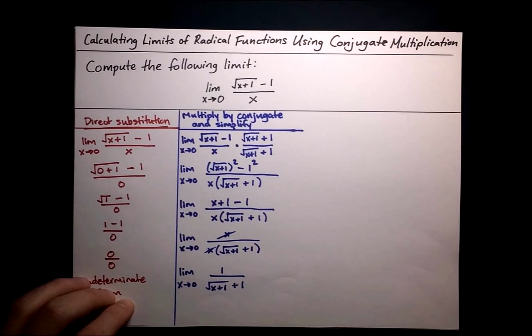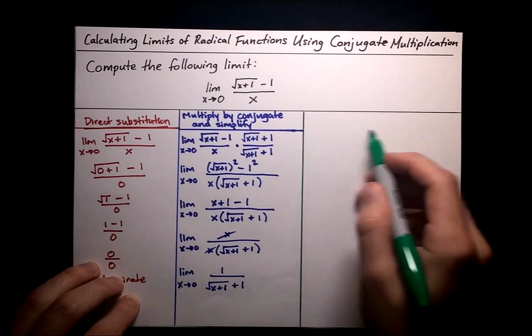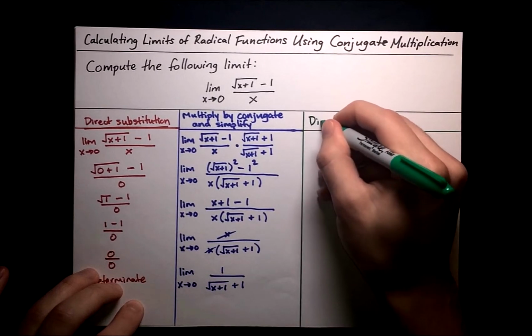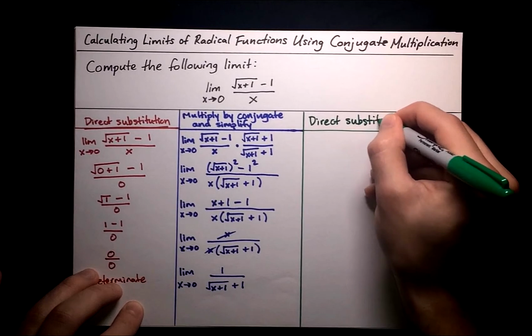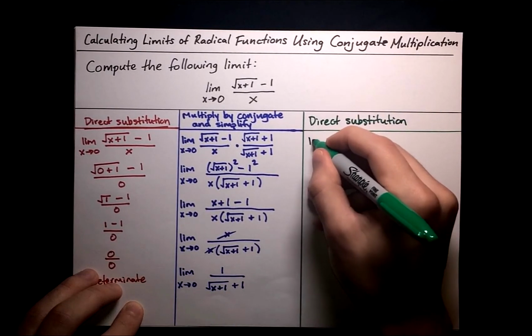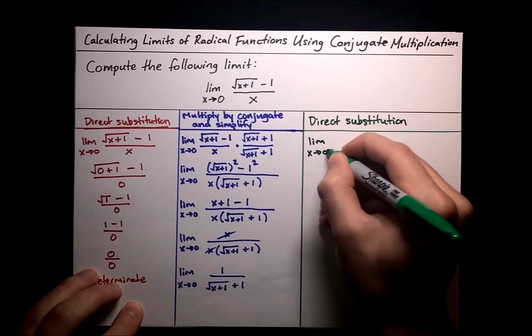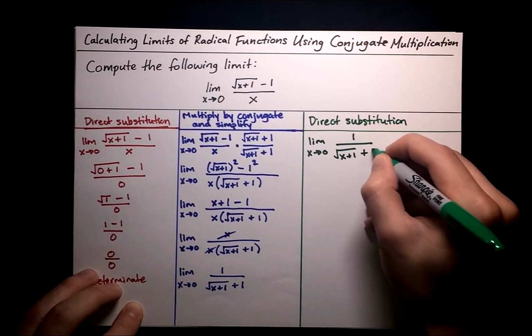Alright, so now this is in a simpler form. Let's go ahead and try direct substitution again. So we try direct substitution on this limit here. Limit as x approaches 0 of 1 over root x plus 1 plus 1.